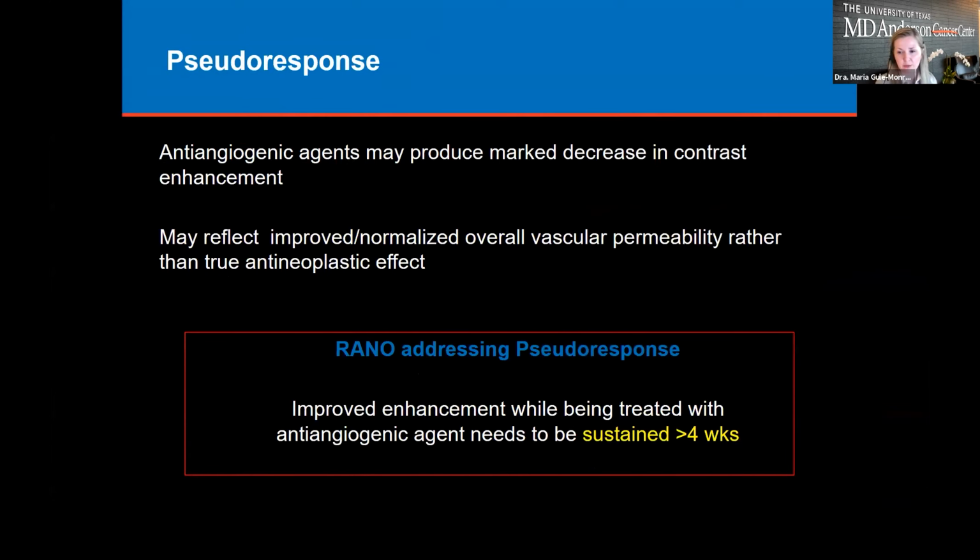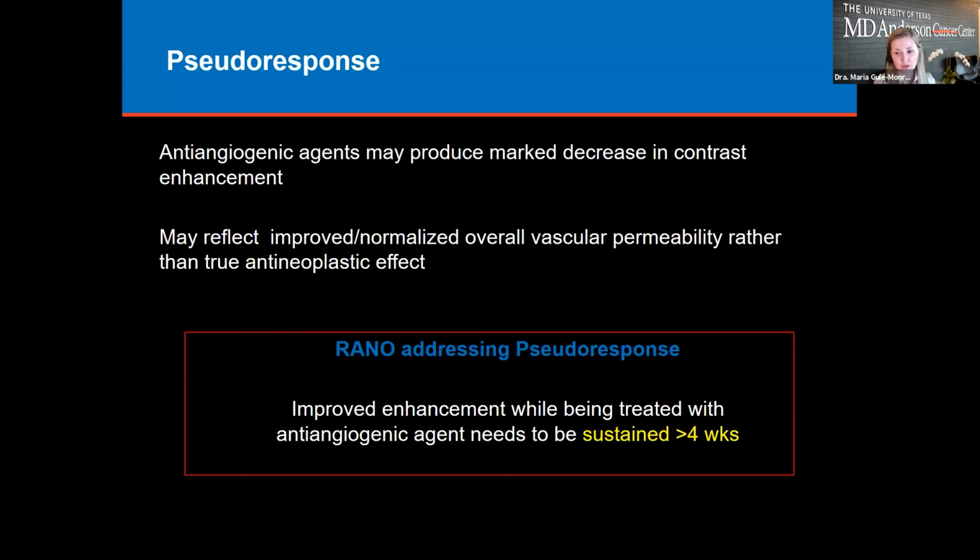On the other hand, patients may have imaging findings of pseudo-response. This occurs typically in patients that are treated with anti-angiogenic agents and may produce a marked decrease in contrast enhancement. The prototypical agent is, of course, Avastin, a VEGF inhibitor, and this may reflect improved or normalized overall vascular permeability rather than the true anti-neoplastic effect.